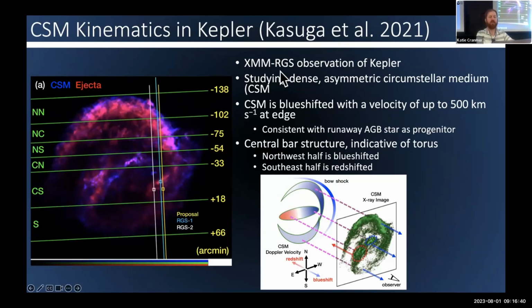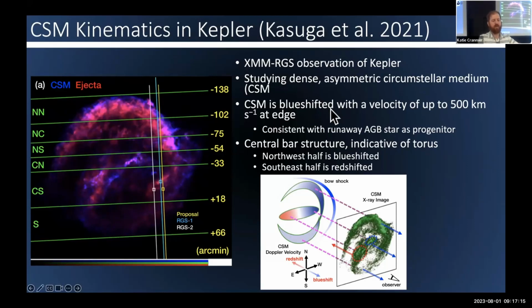And so in this study, they measured the Doppler shift of the ejecta and the CSM on the edge, and found that it's pretty much all blue shifted with velocities up to around 500 kilometers per second. So that means that the entire remnant is actually moving away from us with some certain speed. And this is roughly consistent with the theory that Kepler was a runaway AGB star before it exploded.